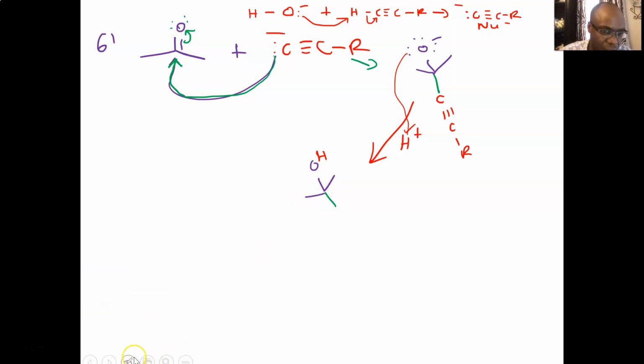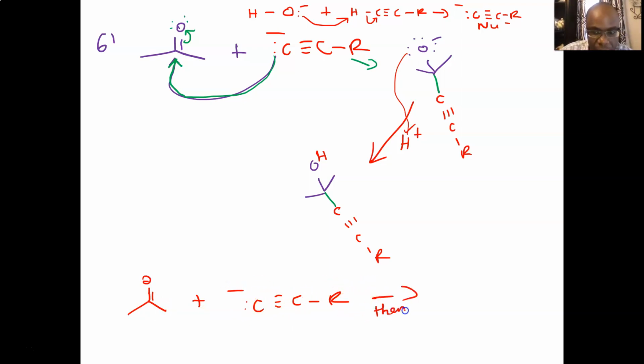So this will be your product. So in summary, if you are given a carbonyl compound and you're given a triple bond that's negatively charged, you click them together. If it says that it's gonna follow up with H plus, the O minus will be converted to OH.